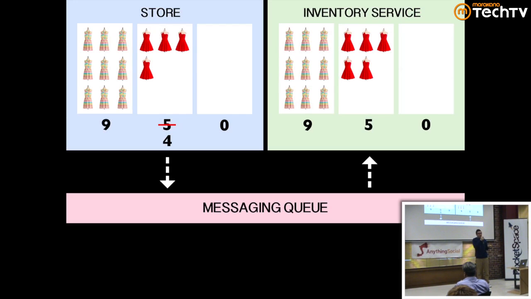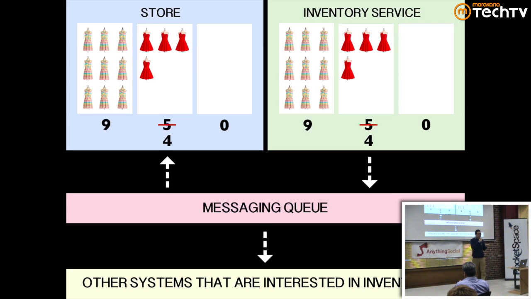Let's say that we have 5 products available and we sell 1. It's not really hard to estimate how many products we're going to have available after the sale is done. Can you guess? It's going to be 4, right? After that, the store will notify that it made a sale, and the inventory service can decrement the global value of inventories.